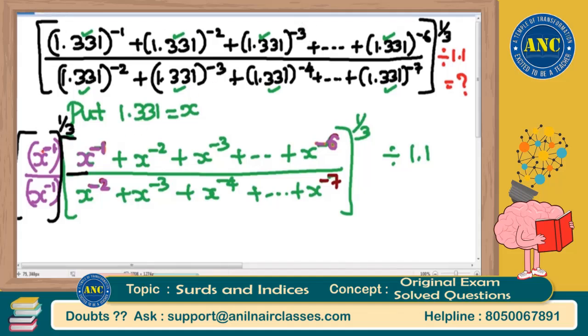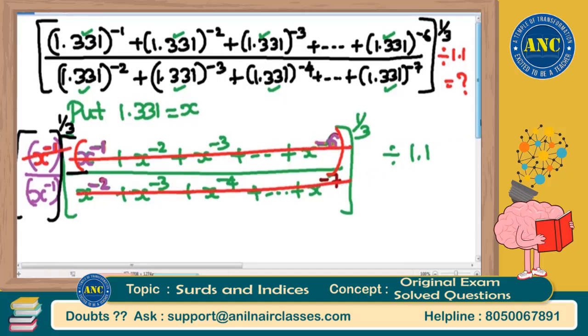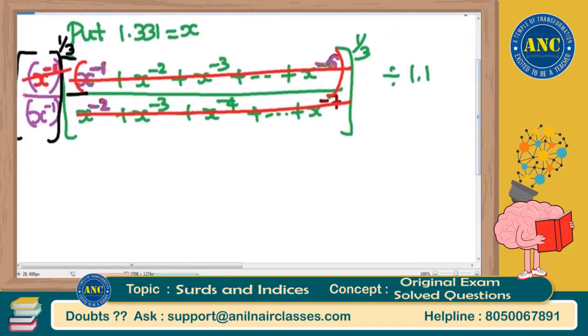Can I say that if I put this x power minus 1 inside and multiply with every one of these terms, this entire term will cancel with the denominator because they both are same, and in your denominator you now have x power minus 1. If it comes to the numerator, it becomes x power 1, and it is power 1 by 3.